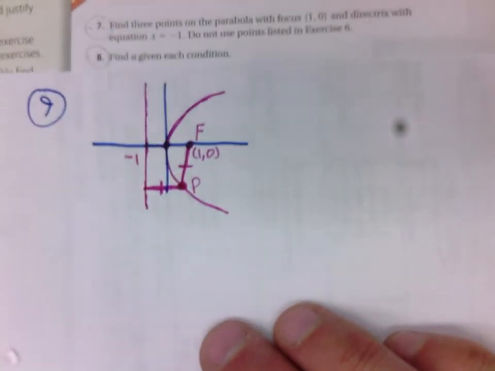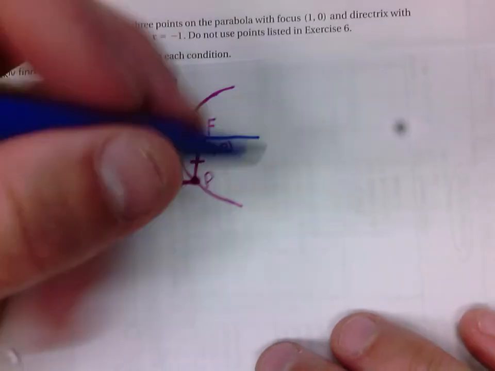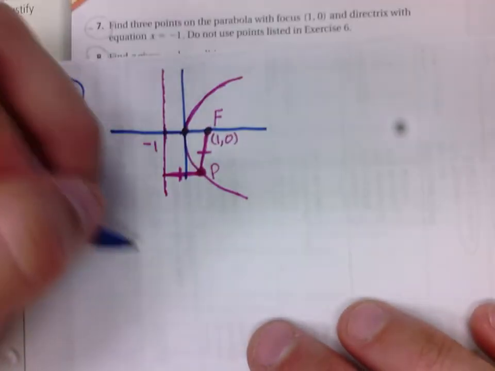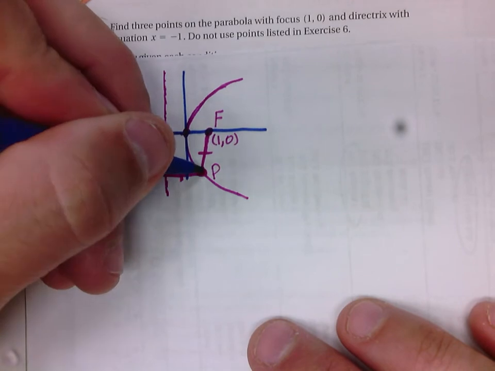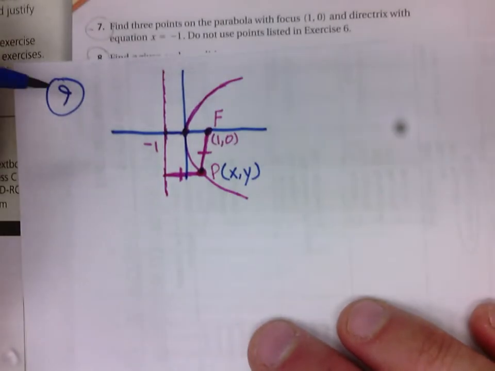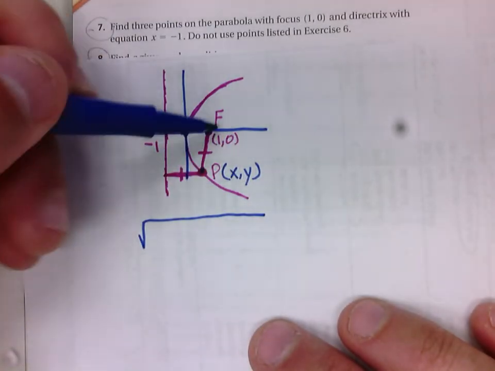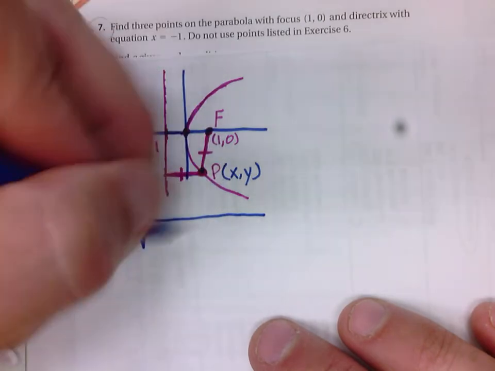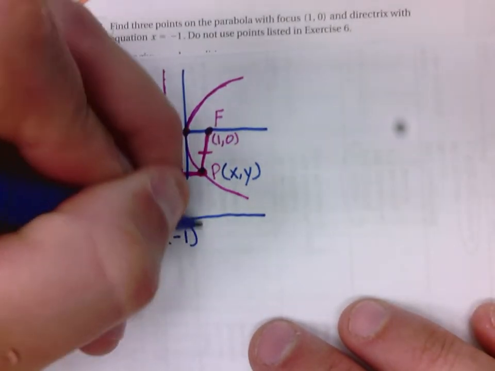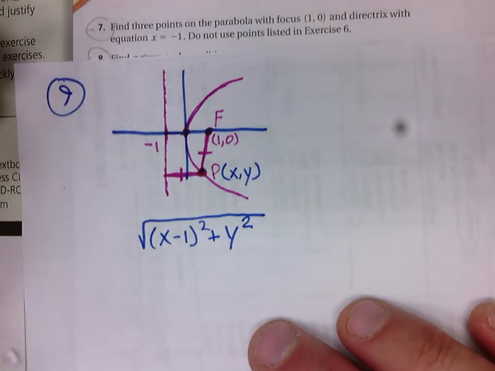And the good thing is, this is another one where we can just set it up. The distance from this point to this point, and remember P we can label as x, y with its coordinates, can just be another distance formula. So if I want to go to the point 1, 0, because that's the focus here, then we have the square root of x minus 1 squared plus, and since the y coordinate is 0, that just stays y squared.